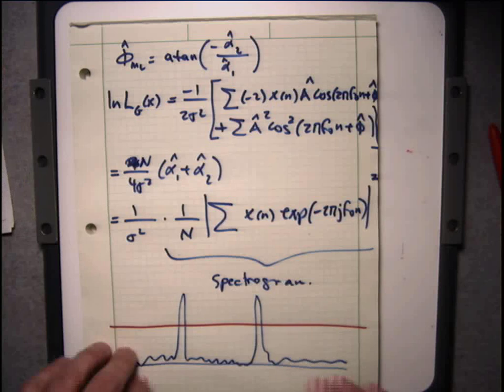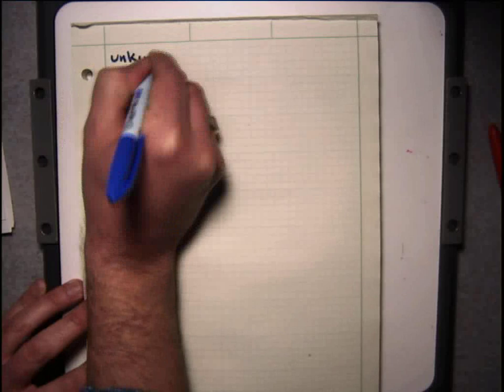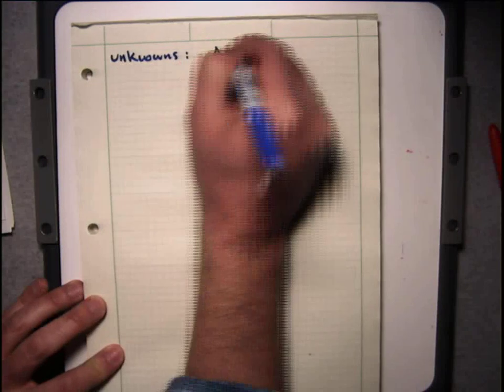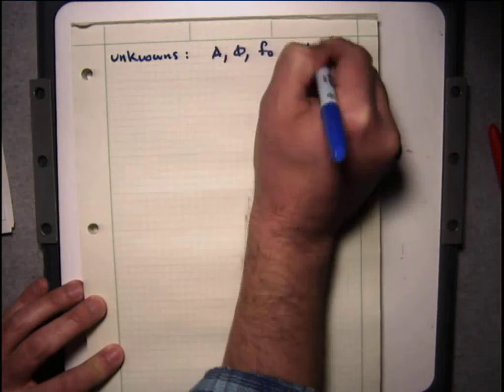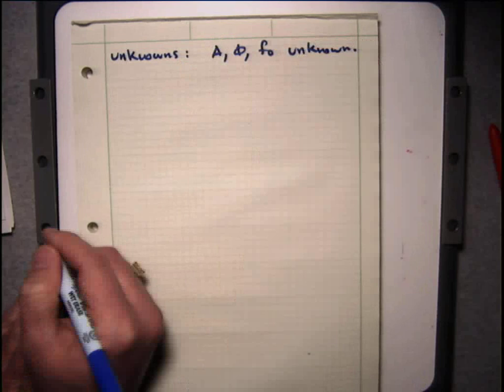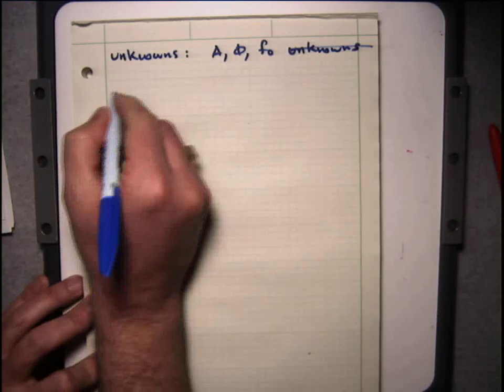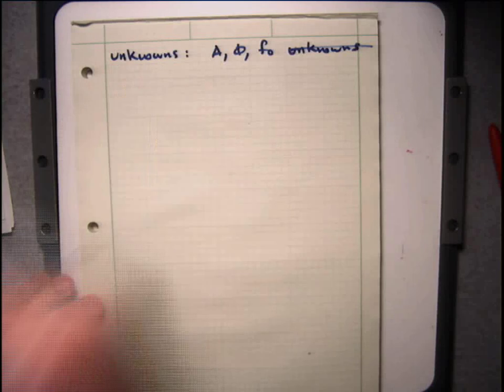We can also assume that the frequency is not known. So let's say the unknowns include the frequency. So let's say A, phi, and f0 are all unknown. So what you want to do now is you take what you had before and you also maximize over the frequency.